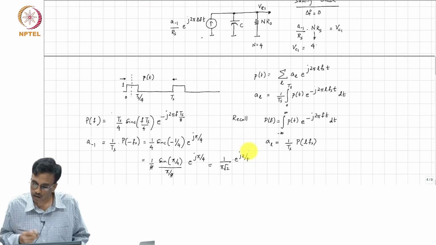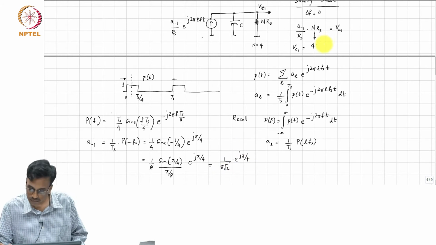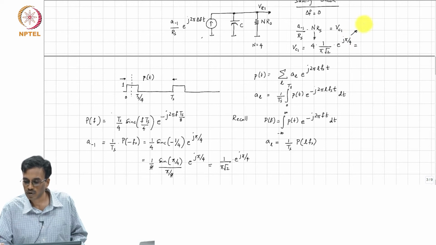Okay, seems okay. So, V c 1 therefore will be 4 into 1 by pi root 2 times e to the j pi by 4, right, which is nothing but, what is e to the j pi by 4? 1 by root 2 plus j by root 2.